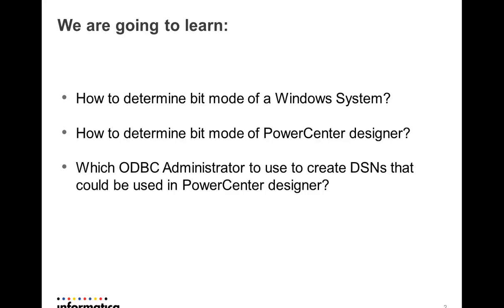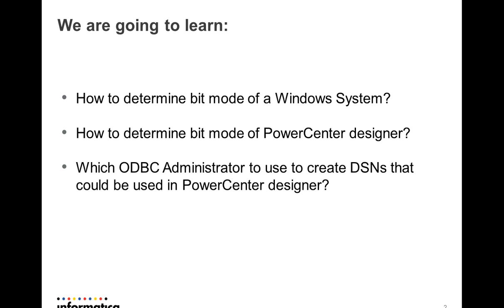This is because the Windows systems are 32-bit or 64-bit. So the Windows machine on which you install the Power Center clients can be a 32-bit machine or a 64-bit machine. But remember, Power Center clients are always 32-bit.